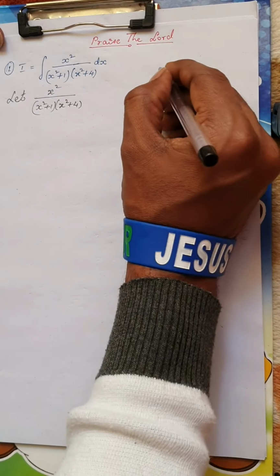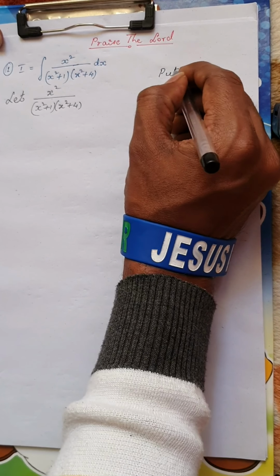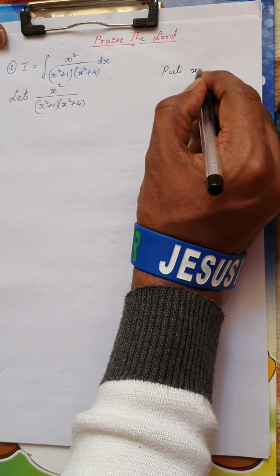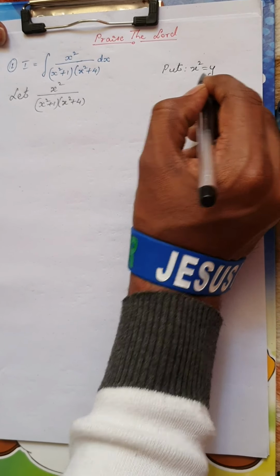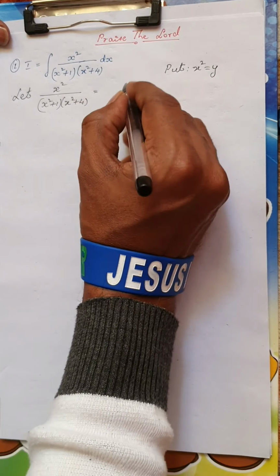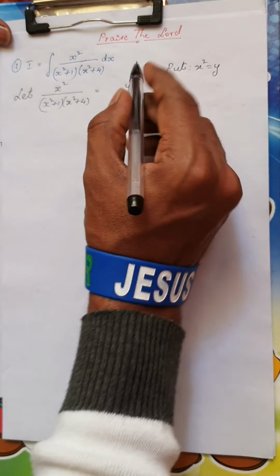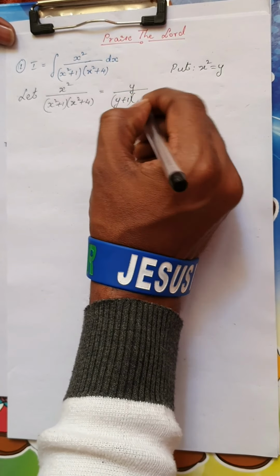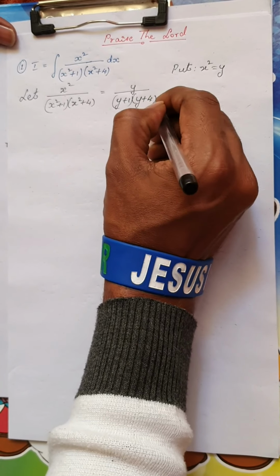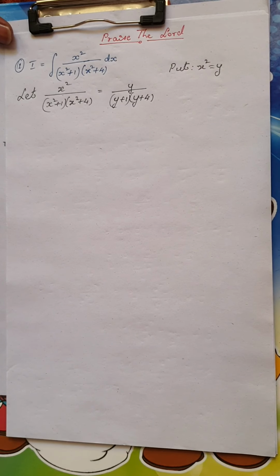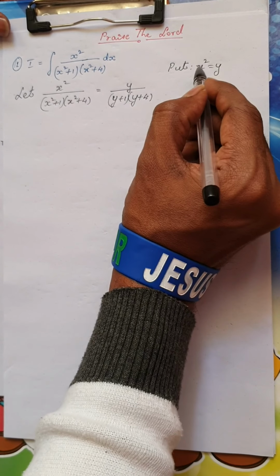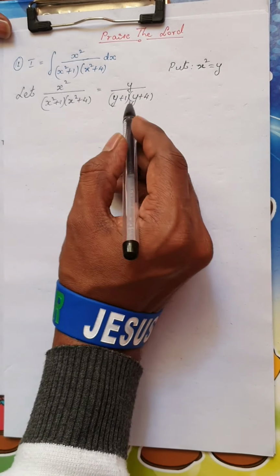So, for my benefit, let me just replace x square by y and see what happens. In place of x square I will put y. So, this is y divided by y plus 1 into y plus 4. Here I am not substituting, this is not a substitution method, but rather I am replacing.